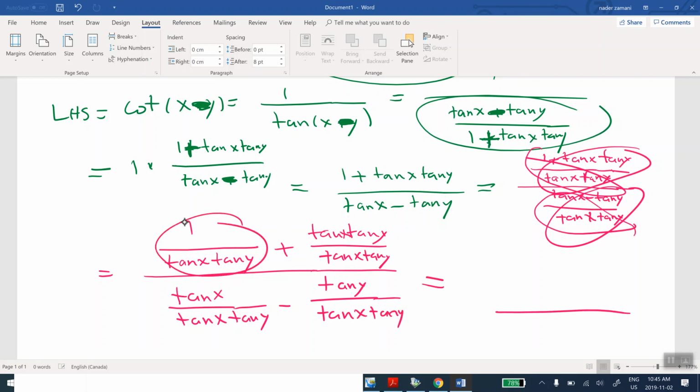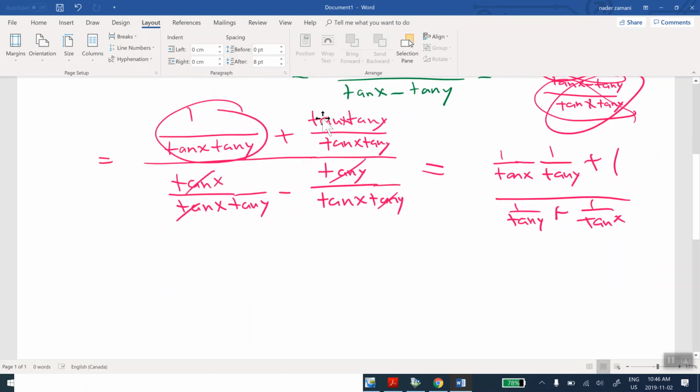Now notice that 1 over tan x, 1 over tan y, 1 over tan x, 1 over tan y, that's cotangent, cotangent. This is a plus 1. These two cancel, 1 over tan y, plus these two cancel, 1 over tan x. And that's exactly what the right-hand side is.